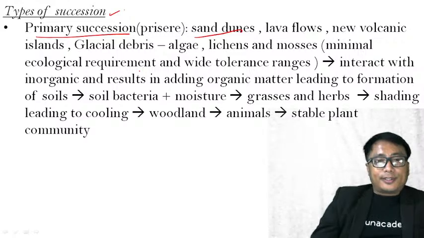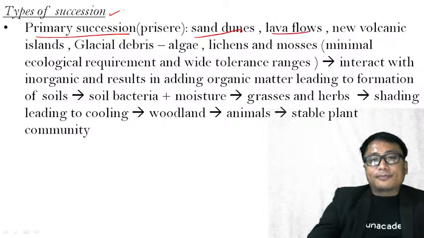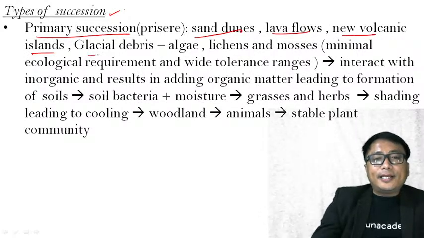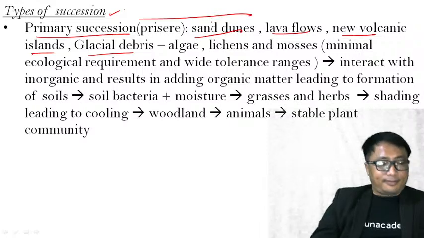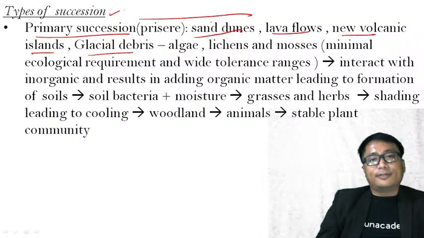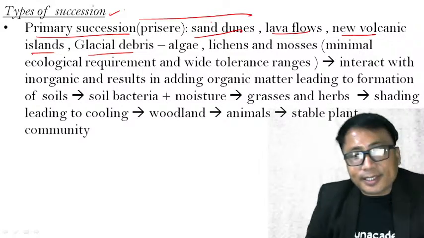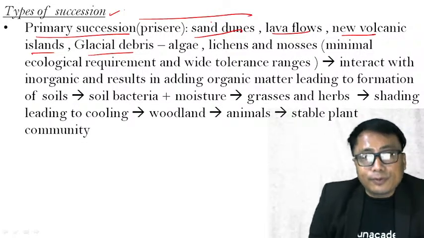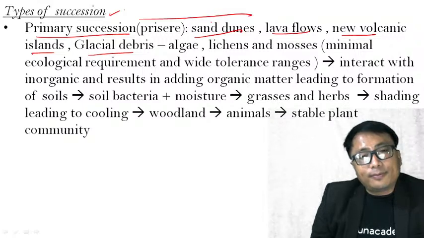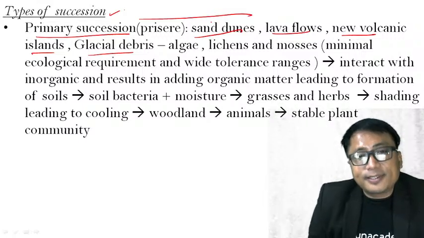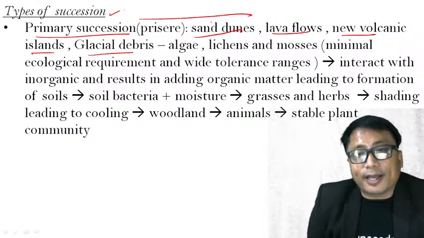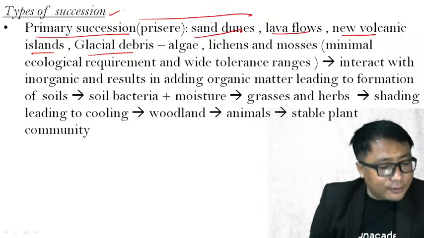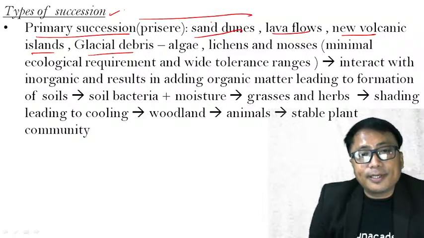Sand dunes, lava flow, new volcanic islands, and glacial debris can be the locations over which a primary succession can proceed. Why? Because sand dunes also blow in different directions, giving us new area. Glacial debris also, earlier no species will be there.